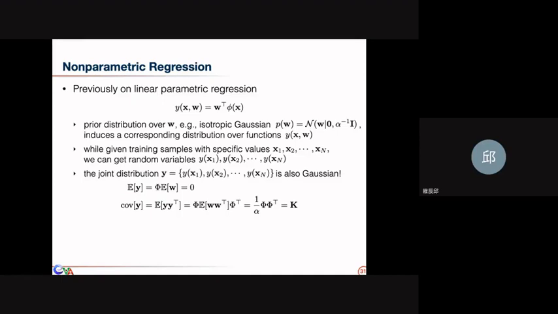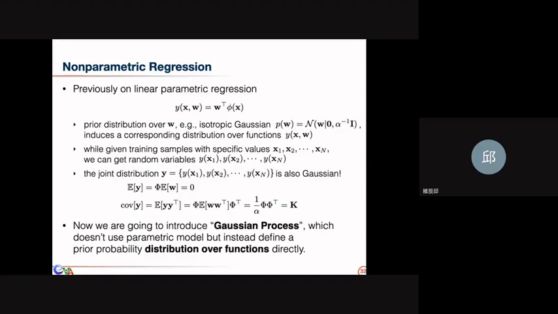The expectation over W times W transpose can be told from here, because my W is distributed following this, so it is related to 1 over alpha. Again, you see capital Phi times capital Phi transpose. So this is related to the kernel again.